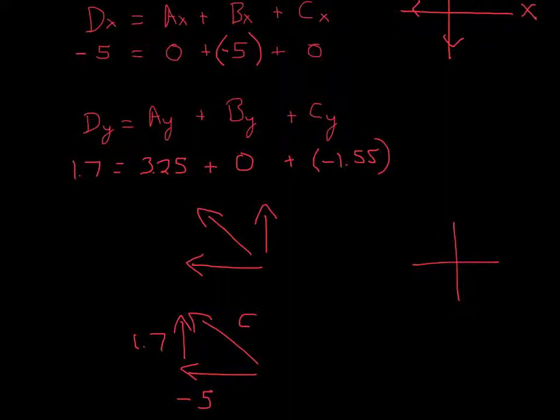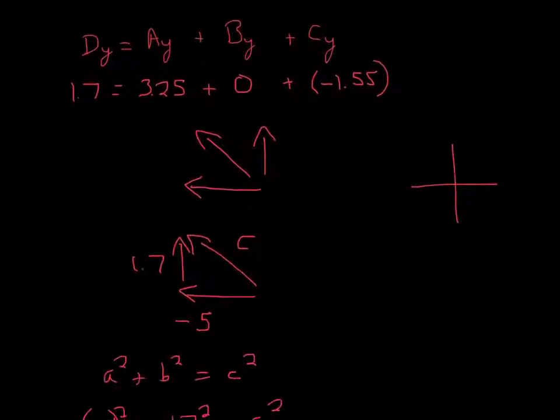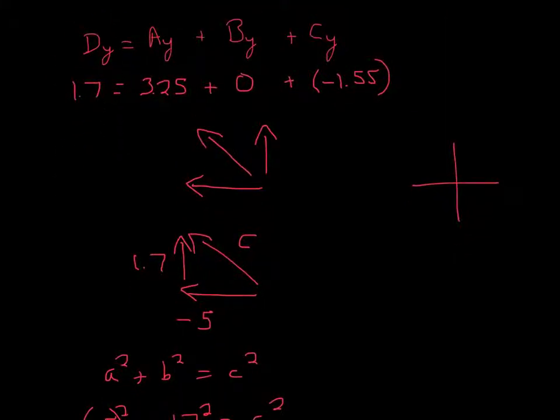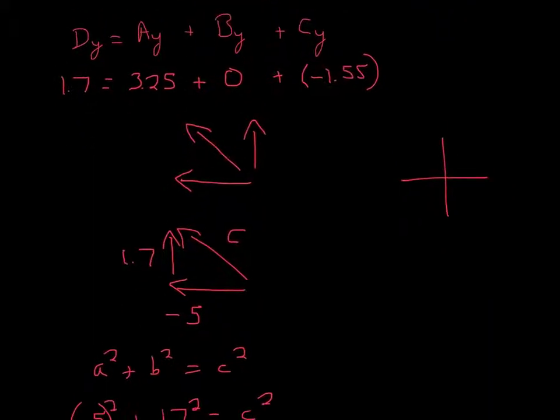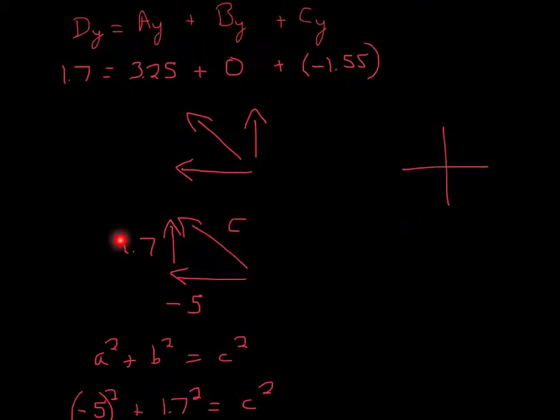Okay, so now we can solve for the length of this, because now we have the sides. I moved this and shifted it here, so therefore it looks like a triangle. Now, since this side was 1.7, and up here it's -5, it's just a simple Pythagorean theorem problem.